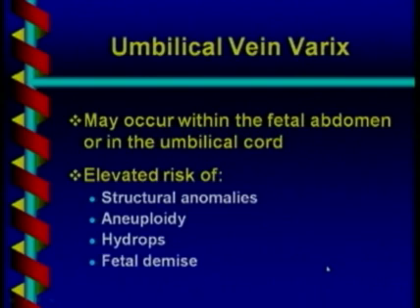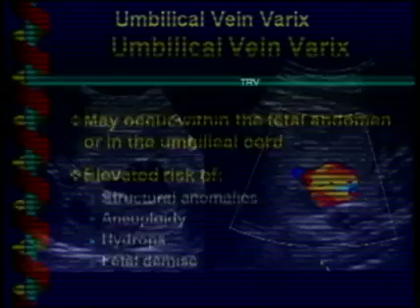Umbilical cord varix is a focal dilatation of the umbilical vein that can occur within the fetal abdomen or in the cord, usually in the fetal abdomen. It has also been associated with an elevated risk of structural anomalies, aneuploidy, and other problems, including fetal demise, possibly because the blood flows slowly in the varix, in the dilated vein, and may thrombose.